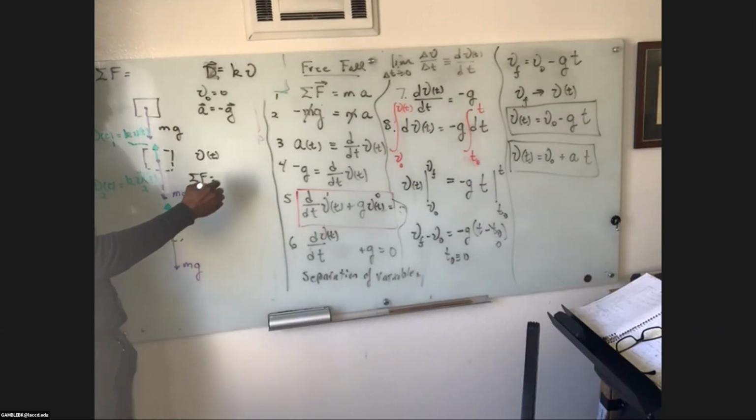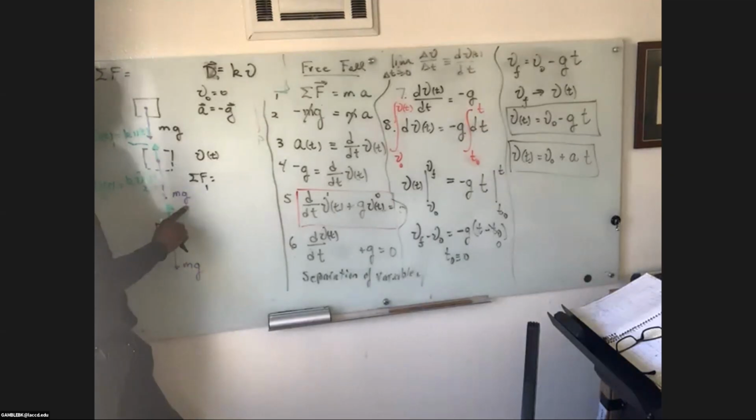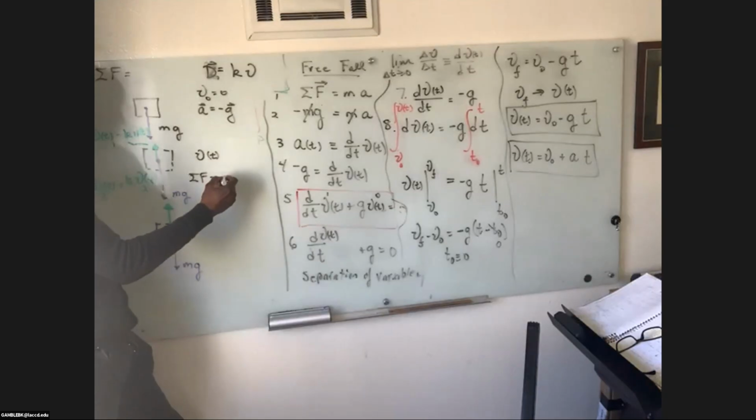So if I write it, and keep in mind that down is negative, what would I write if I were to write it as a vector equation? Negative g t? g is not changing. It's just g. It's not a g t. Right? Yeah, you're right. So tell me what to write.